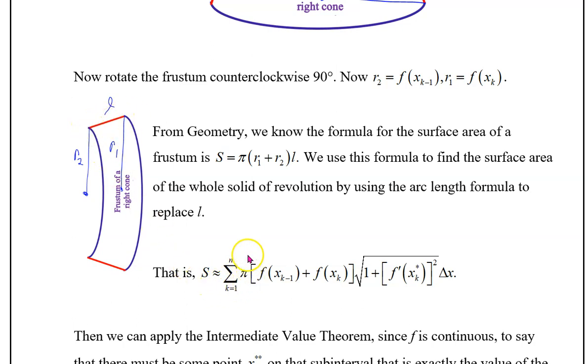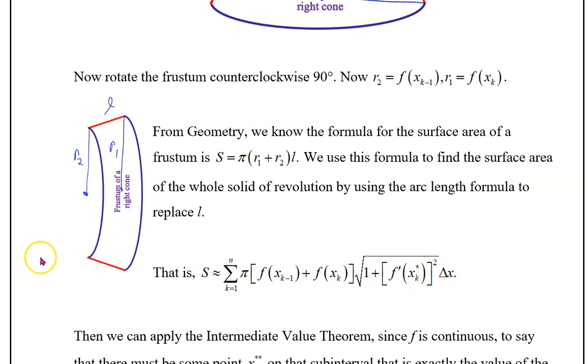So what we have in our formula then is pi times f of x sub k minus 1 to get the value at R2, the short end or the narrower end of the frustum, plus f of x sub k, which gives us R1, or the wider end of the frustum, multiplied by L, where L is given by the arc length formula, the radical of 1 plus the derivative at some x sub k star quantity squared times delta x.